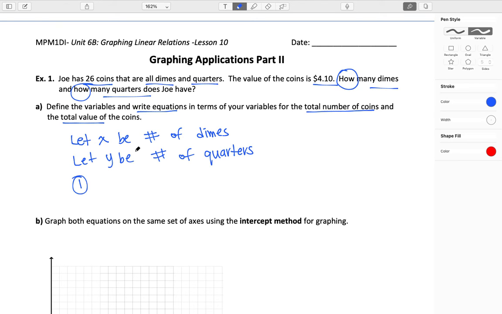So first equation, let's write down based on the number of coins. We have 26 coins in total. So we say X plus Y equals 26.